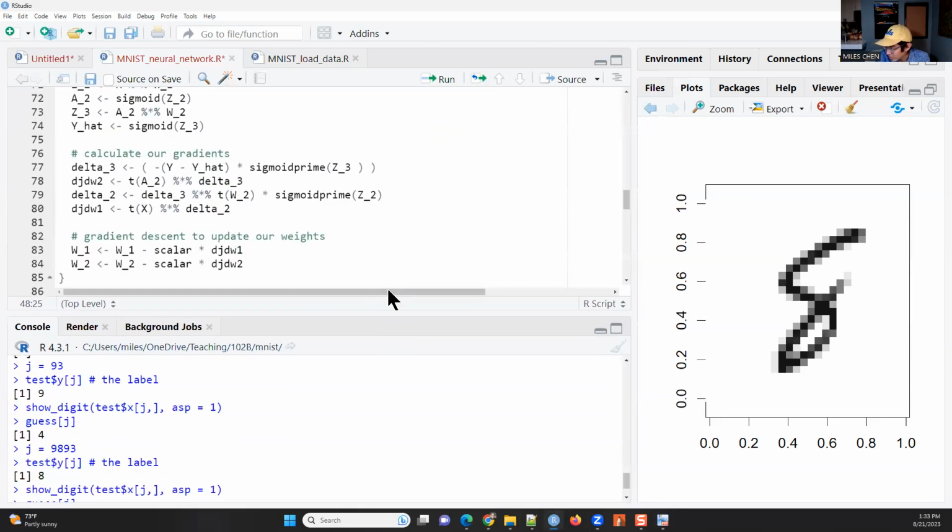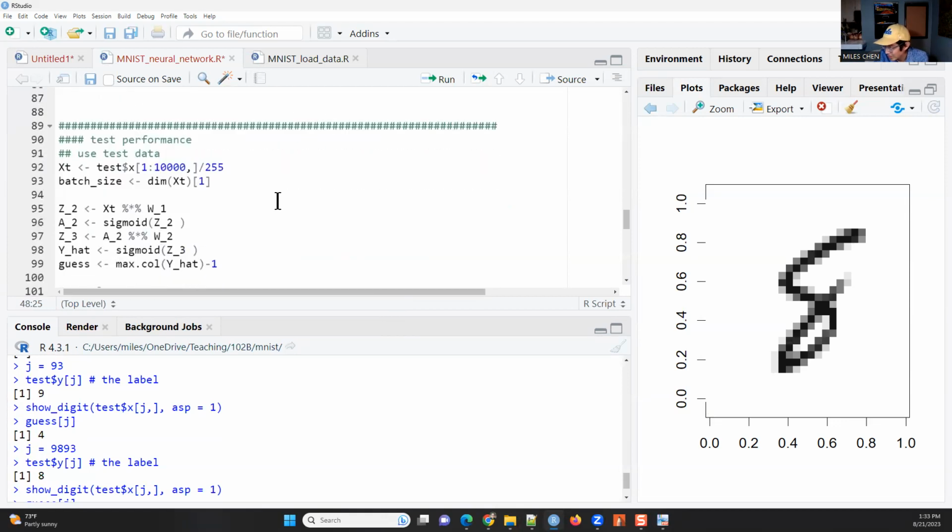And in your next homework assignment, you'll work with a neural network. The hard part of the homework assignment is going to be calculating the gradients with respect to the bias matrices.